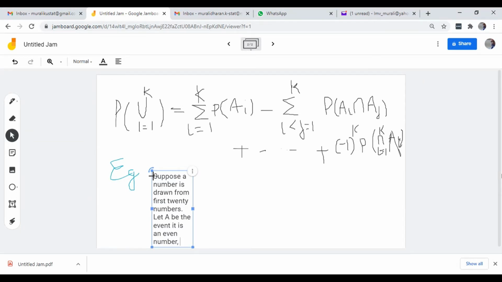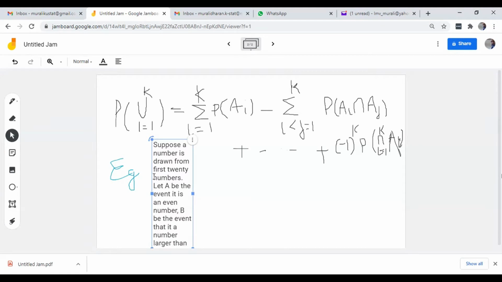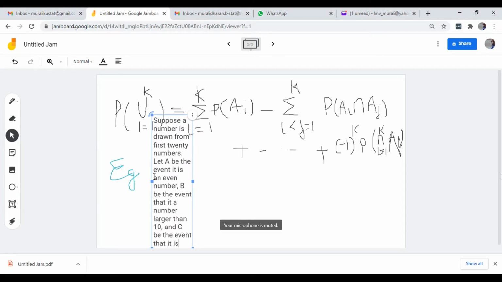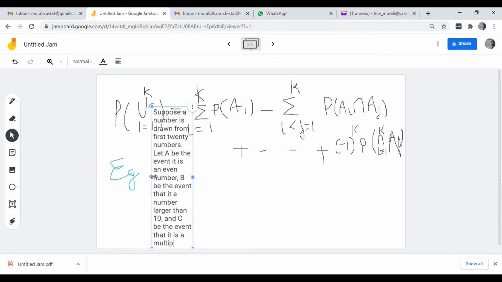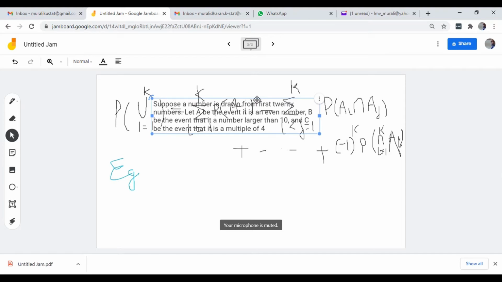B is defined as the event that it's a number larger than 10, and C be the event that it is a multiple of 4.